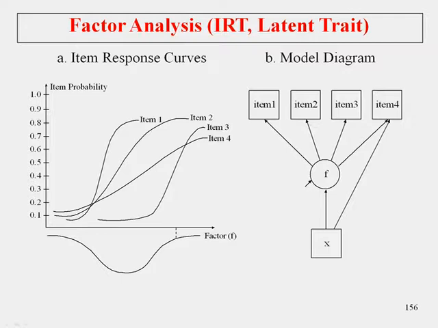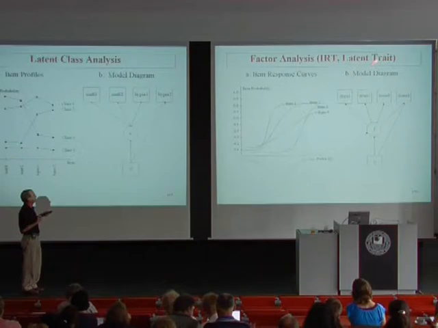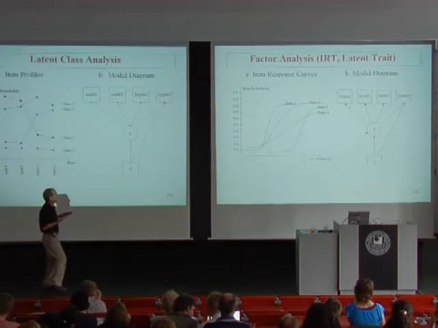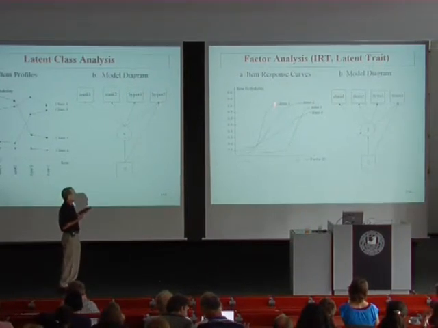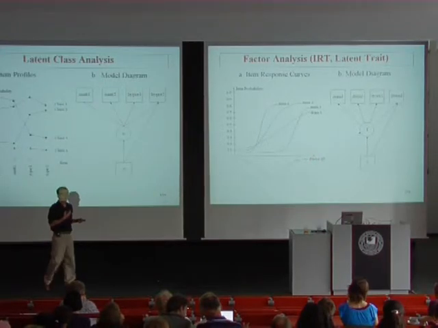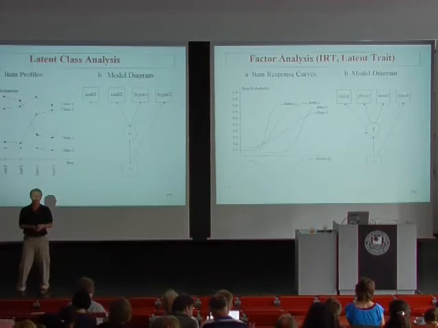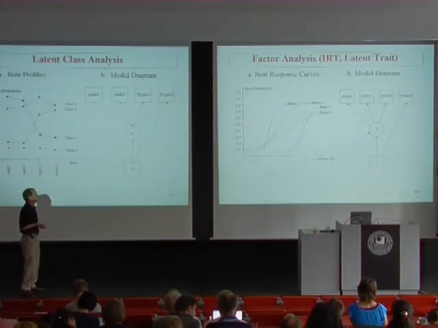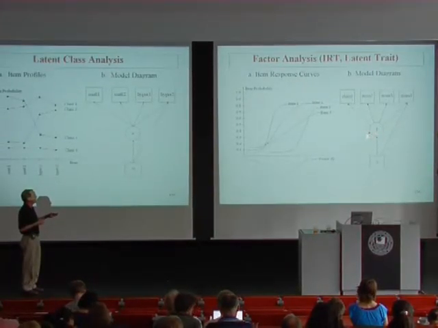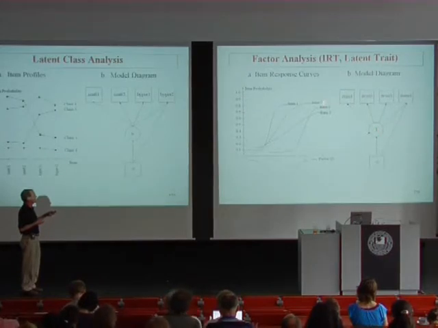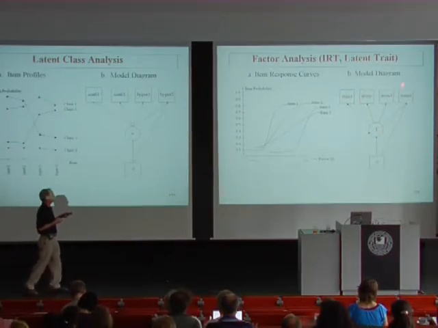So this is the situation of item response theory, IRT, also called latent trait theory. All it is is logistic regression of the item on the factor. It's just that the factor is a covariate, right? The only thing being that it is latent, not observed. So we draw the picture as on the right, factor with the 4 items.